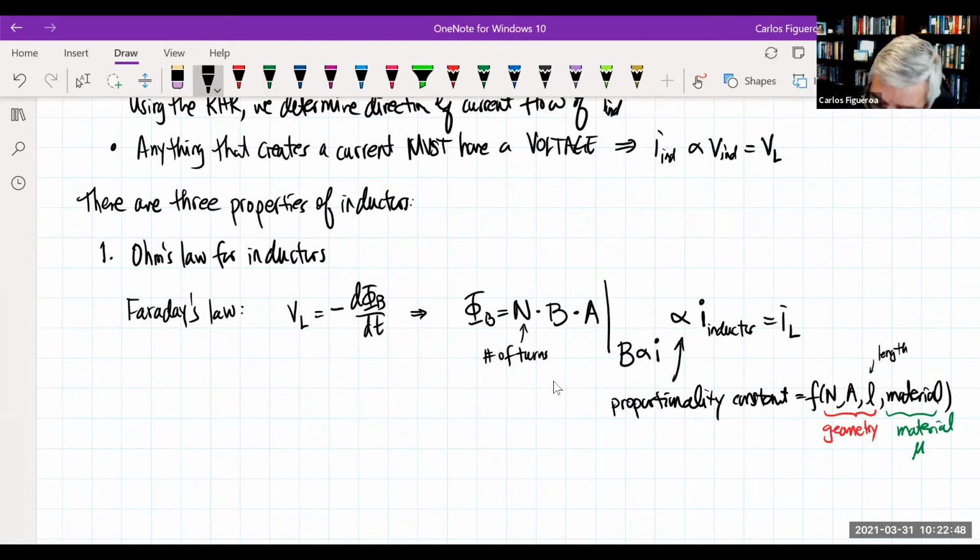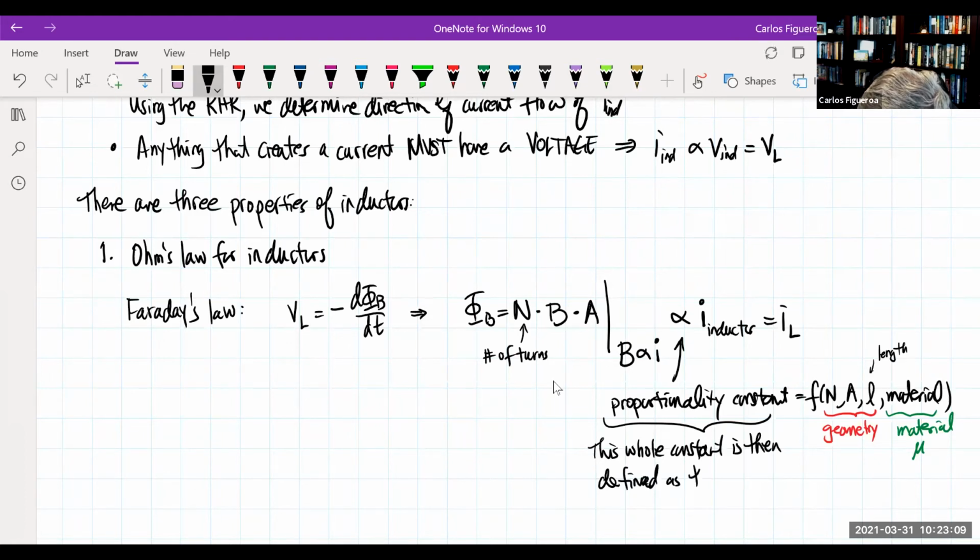The reason why we don't want to do L here is that this whole constant is then defined as the self-inductance. And what's the symbol for self-inductance? L.